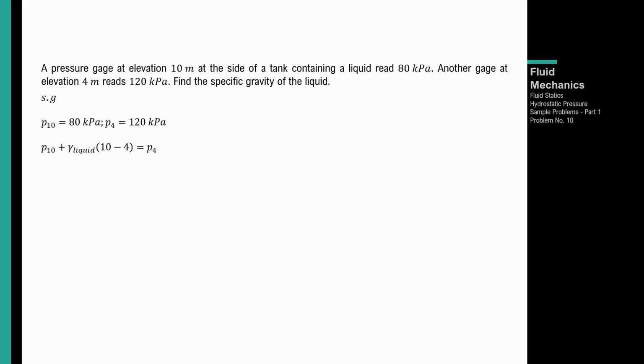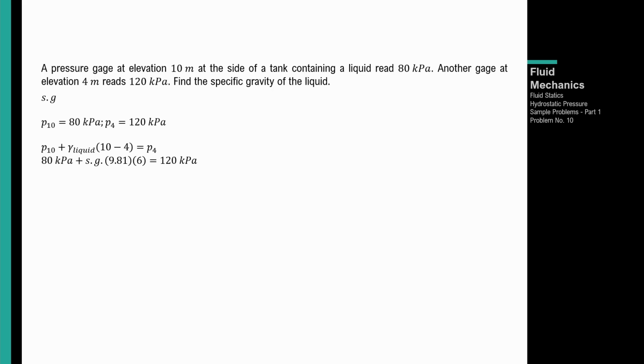So, dahil bumaba, so may liquid ka sa pagitan ng elevation 10 at elevation 4 meters. So, from 10, dahil bumaba yung pag-measure dun sa pressure, so plus gamma H. So, gamma unit weight ng liquid times yung H yung difference in elevation. So, 10 minus 4. Which is equal dun sa pressure at elevation 4 meters. So, substitute.